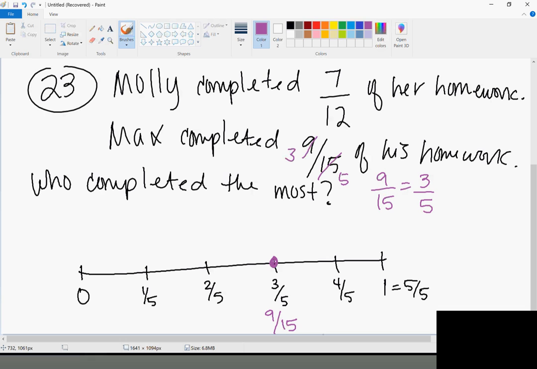Okay, so 7/12. If we were to think about 7/12, let's see, that's close to 6/12, which would be half. So I'm going to try to divide this. Let's see, this would be 1, 2. Wait.